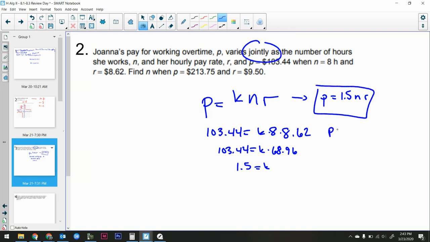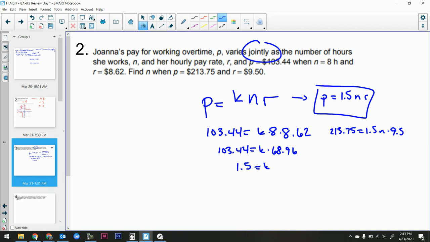Then it says, okay, find N when P is 213.75, and it's 1.5 times N times 9.5.